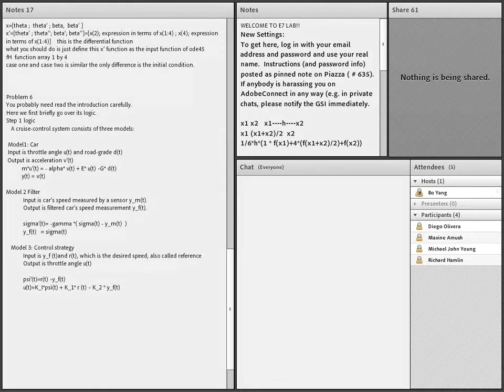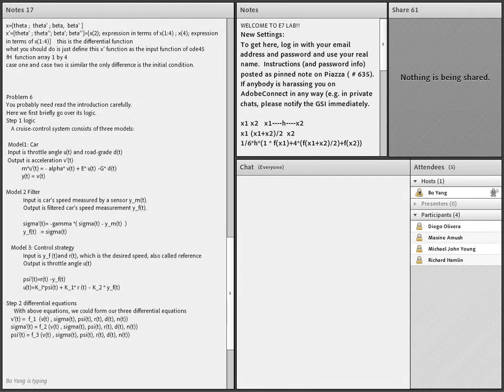Then we try to describe the problem by developing several differential equations. So in step 2, we try to find the ODE system of this problem.